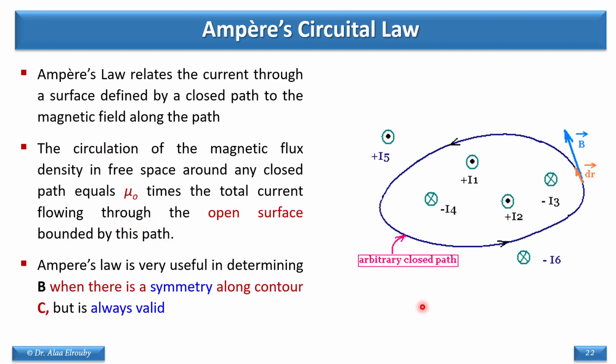It is the one that follows the right hand rule. So here, if you put your fingers of the right hand along the direction of rotation of the contour, you will find that your thumb is pointing out of the screen, and this means that we are talking about the top side of this open surface.